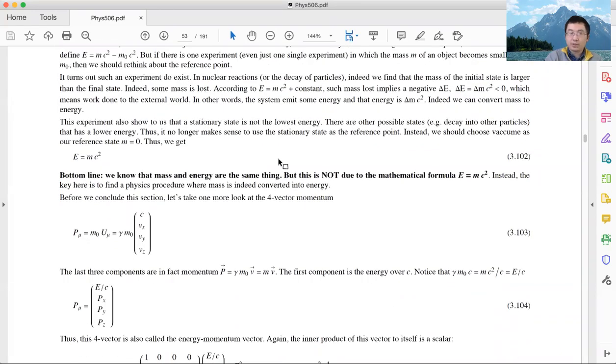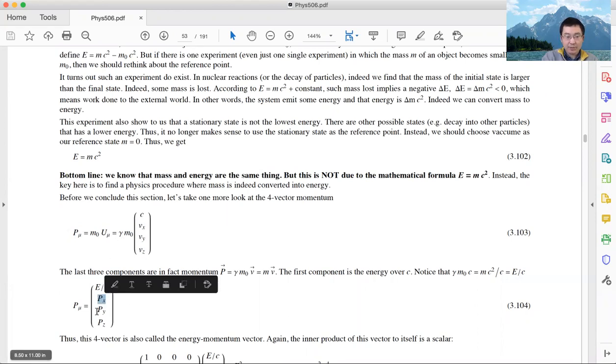Before we go to the next section, let's look at one more thing. Let's look at this 4D momentum one more time. This is the 4D momentum we defined earlier. And this gamma m0 is mass in special relativity, as we just showed. If we look at it more carefully, gamma m0 is mass, and mass times Vx is my momentum x.